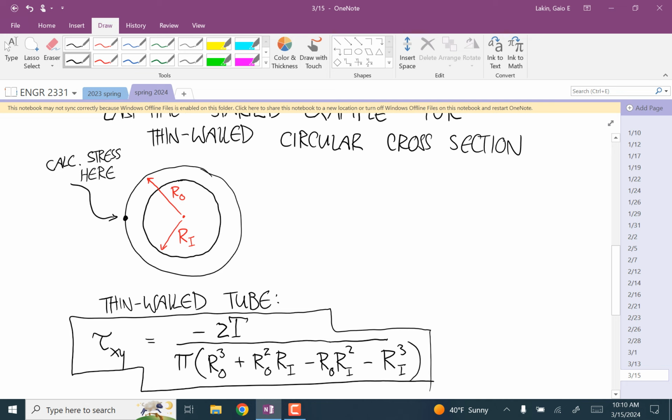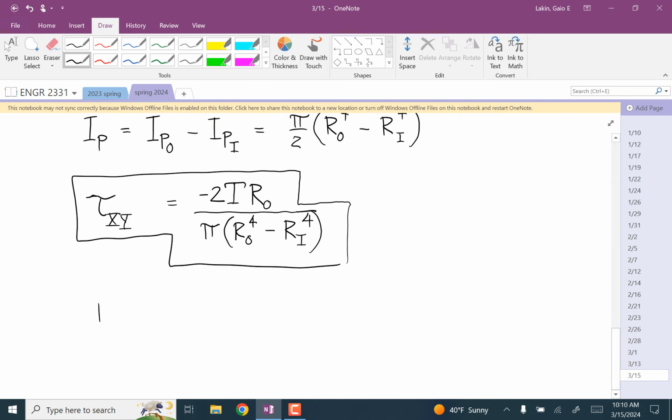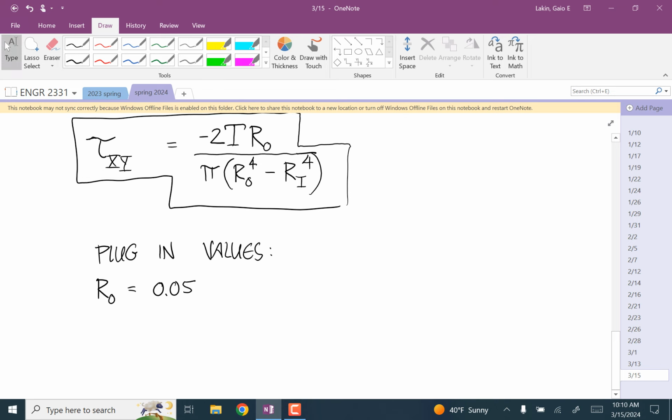And so let's plug some values in here. So let's say that first, we're going to say our outer, let's make that 5 centimeters. And let's say that the wall thickness is 1 millimeter.